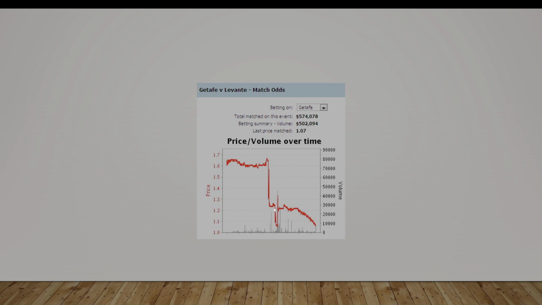Then either there was a 2-0 goal, and then Levante made it 2-1, and then the price went up again, or maybe there was a VAR check and the price dropped, but then the goal was disallowed, and then the price went up again, and then the price was dropping until Getafe won the game in the end.